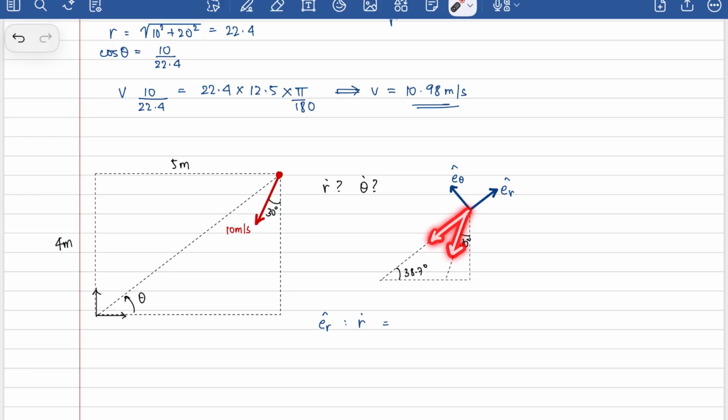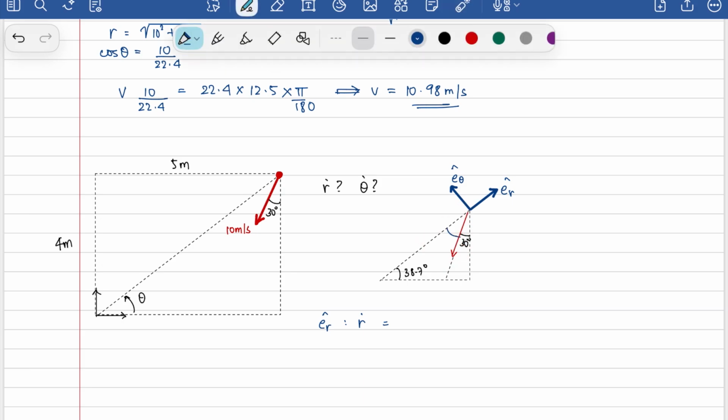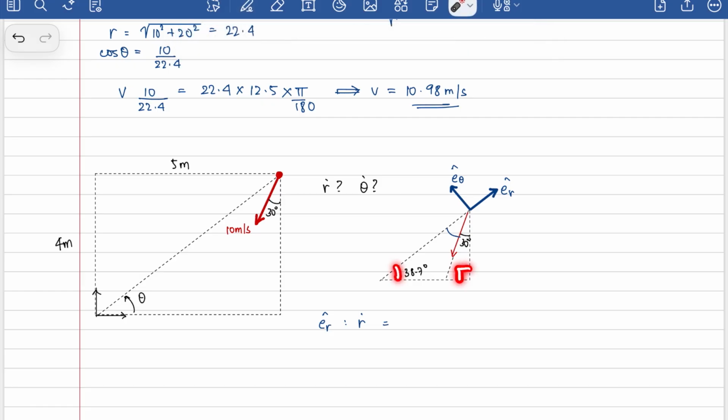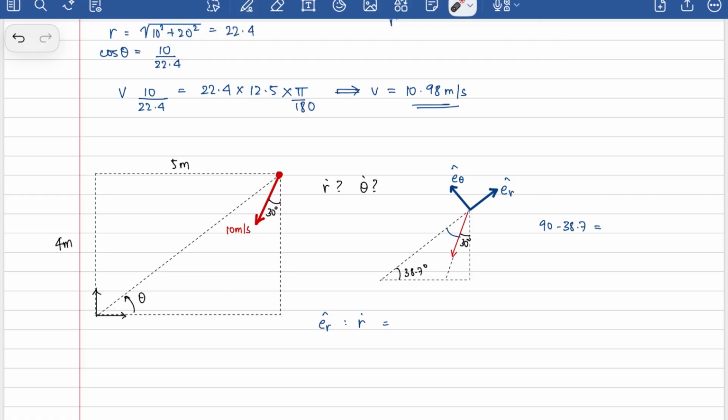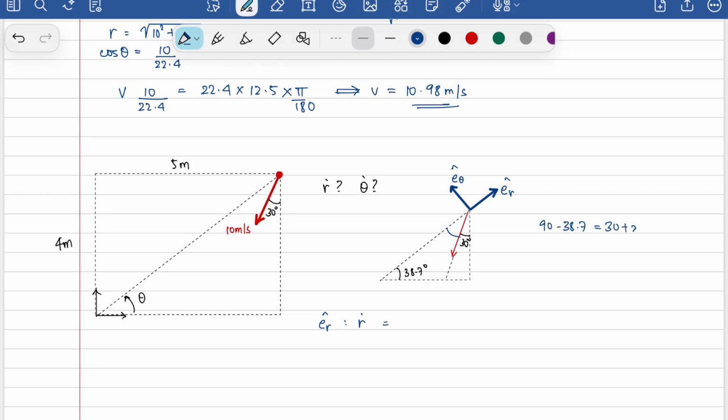So you take this speed and then obtain the component here, which means you need to know what is this angle over here. Can you find that? Essentially, this 38.7, this 90, which means this entire angle here is 90 minus 38.7. So 90 minus 38.7 is equal to this 30 plus this unknown angle x, giving you x is equal to 21.3 degrees.